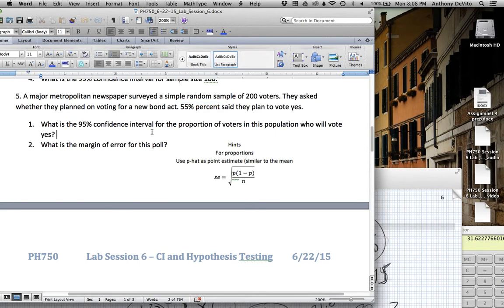Okay, so we're going to calculate the 95% confidence interval. We're going to use that 55% as our point estimate. We believe that the probability a person would vote yes for this bond issue is 0.55, right? A little bit more than a 50% chance he's going to vote yes. But since it's only a sample of 200 voters, can we be 95% sure that the bond is going to pass?